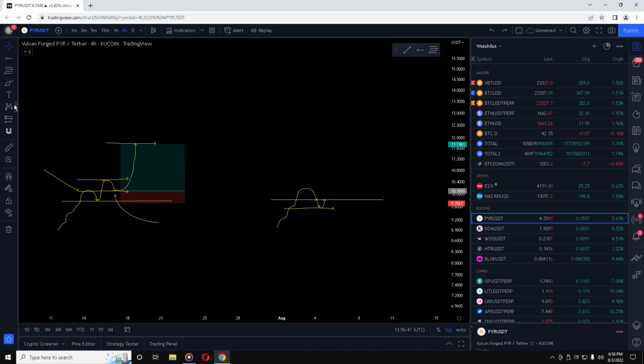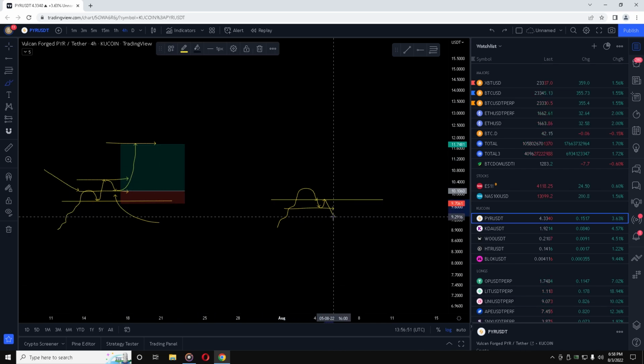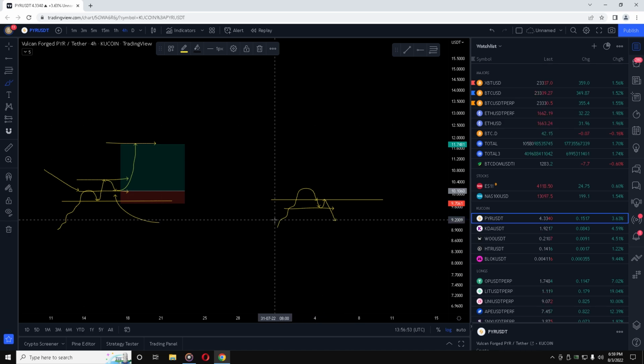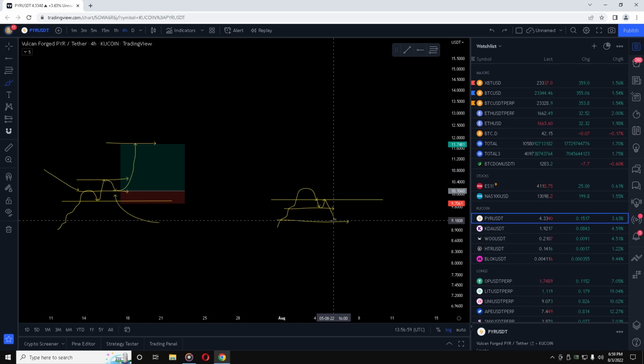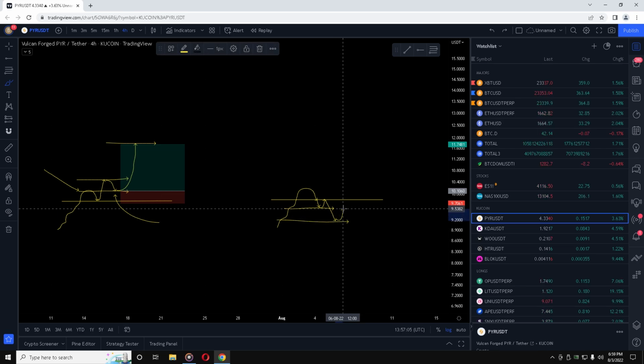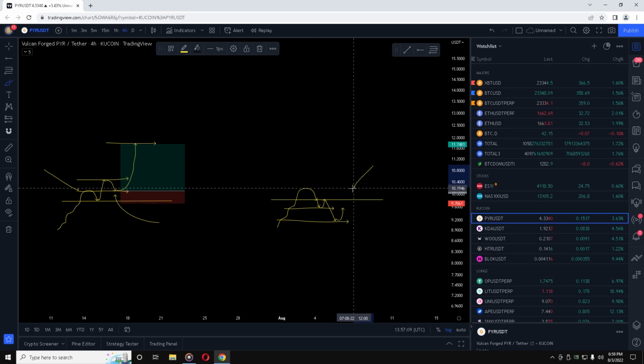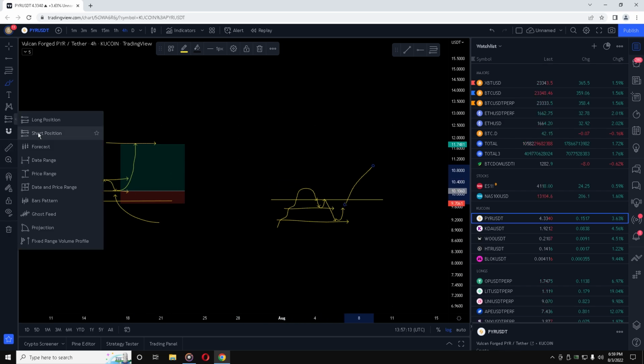For confirmation, what I want to be looking for is a reject from the key level, dump again, put in a new low. The keyword is a new low. Over here it was a new high, for here it will be a new low. Then from the new low you bounce and you retest the former low. This is your confirmation right over here that this is going to break down now, and you can enter a position here.